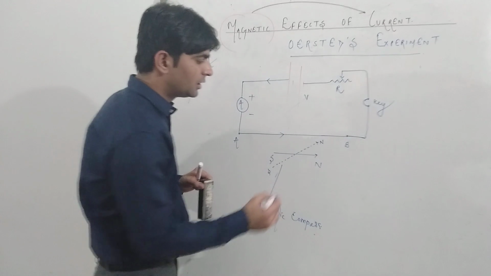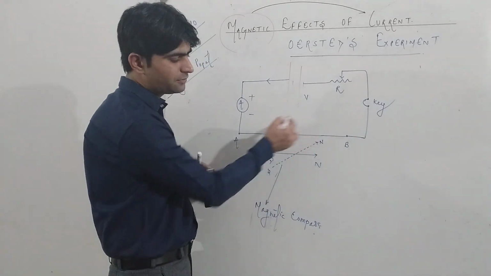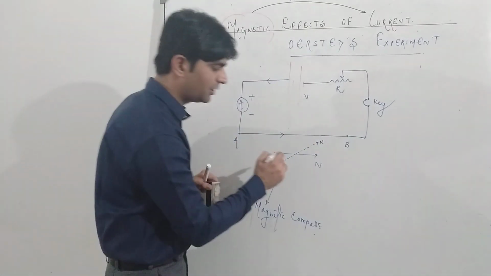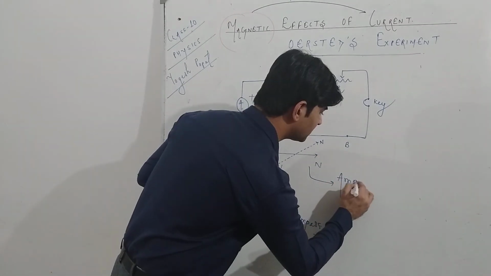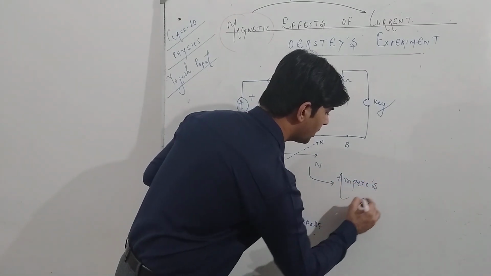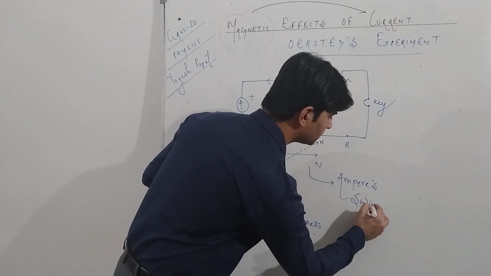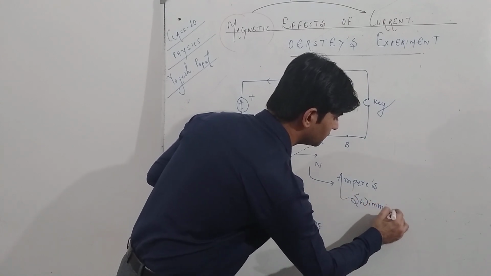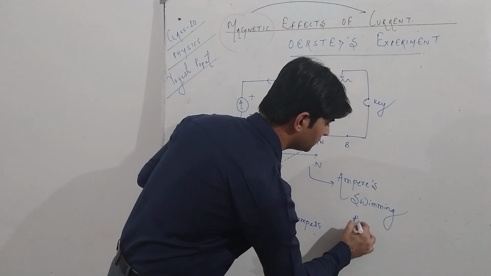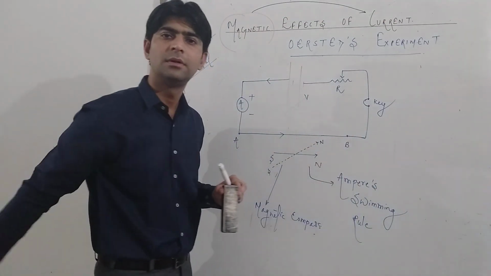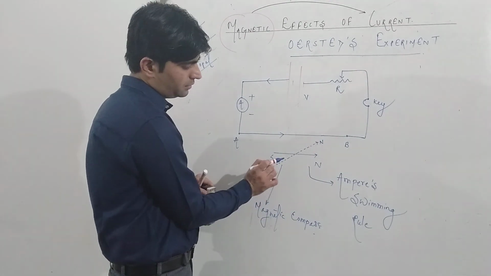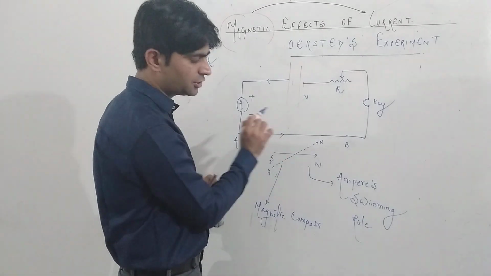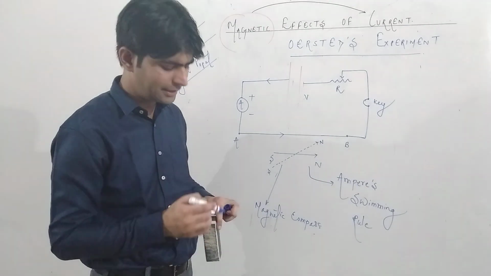Now to detect the direction of deflection of the magnetic compass, we have one important rule, and we call it Ampere's swimming rule. With the help of this rule, we'll be able to detect the direction of deflection of the magnetic needle.